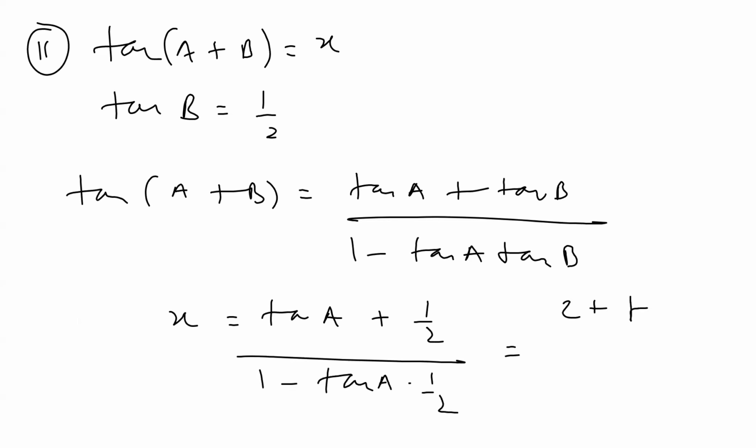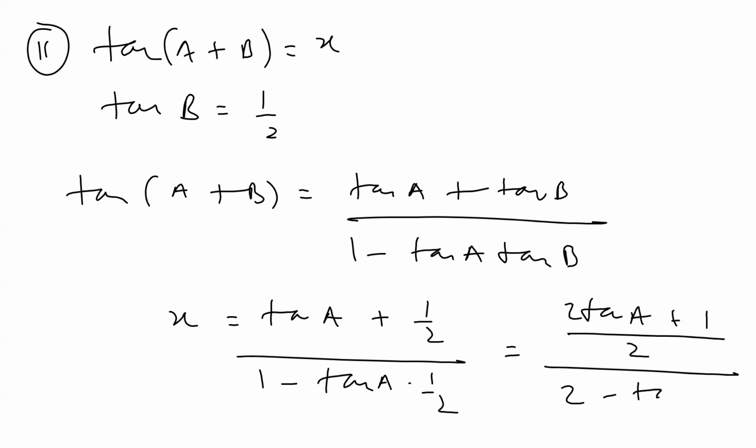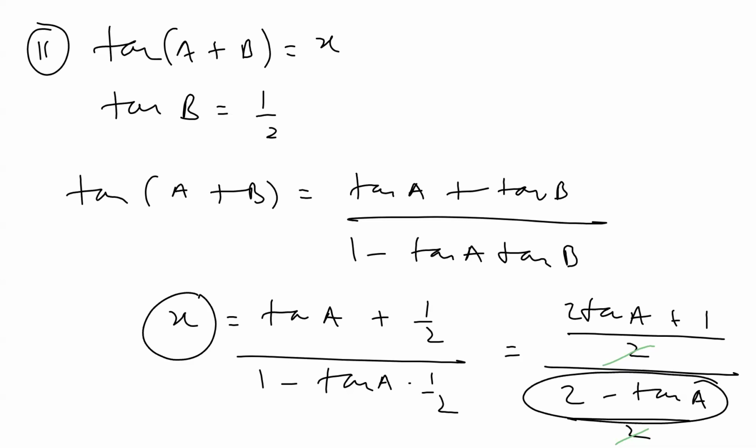Take LCM, 2 plus tan A upon 2. Sorry, 2 tan A plus 1 upon 2. And 2 minus tan A upon 2. Okay. So this and this is gone. So x is equal to 2 tan A plus 1 upon 2 minus tan A. We need to find out the value of tan A. So I'll just cross multiply this and this.